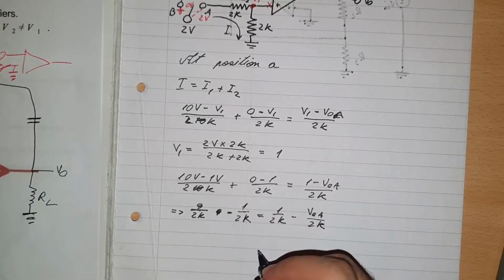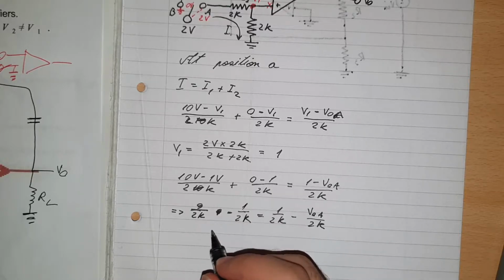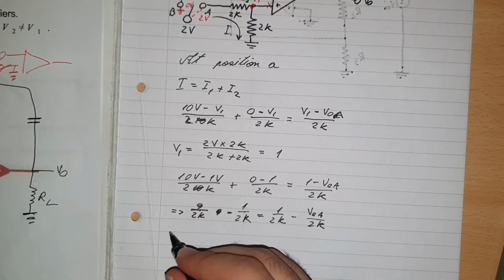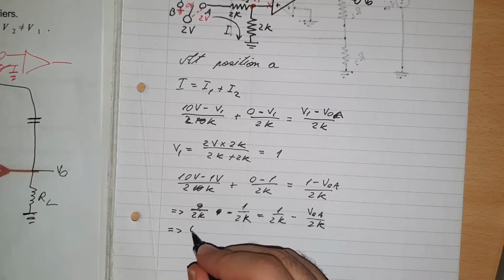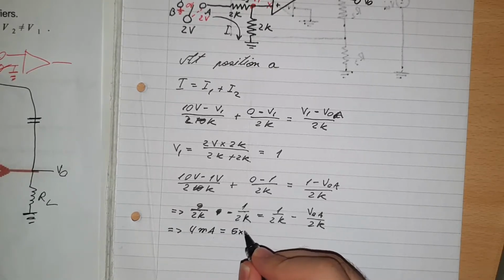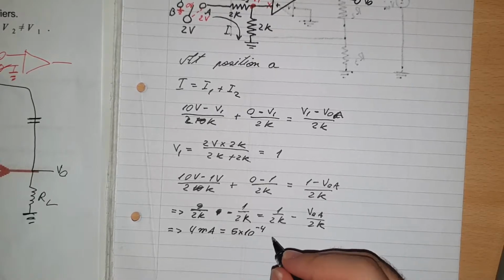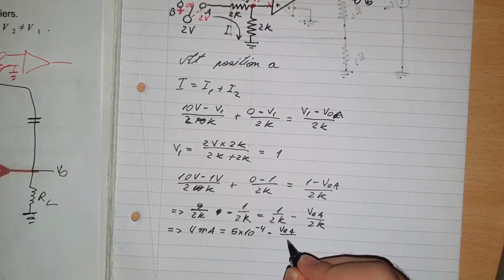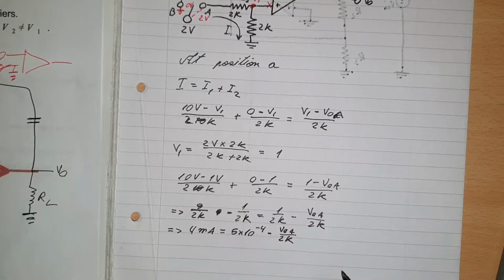All of them have the value of 2K, so I can simplify it further, or we can simply calculate it by doing the division. So then for milliamps it's equal to 5 times 10 to the minus 4 minus VOA over 2K.